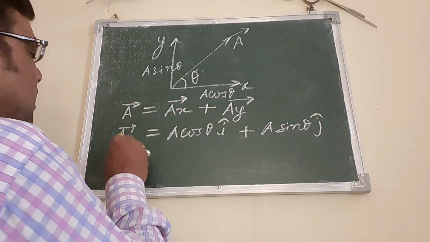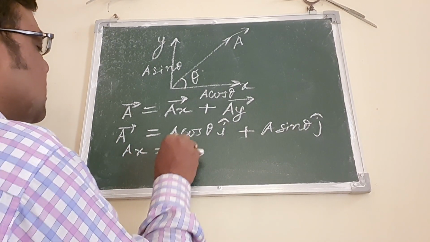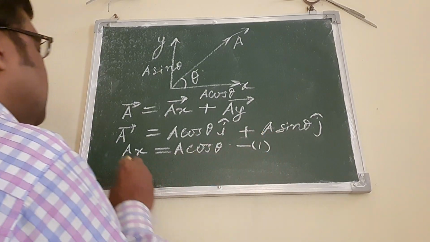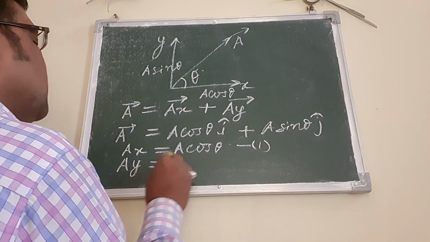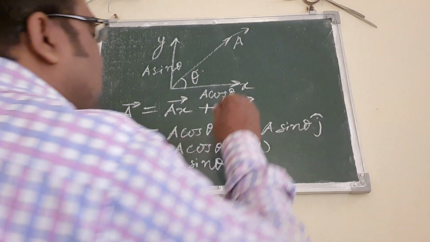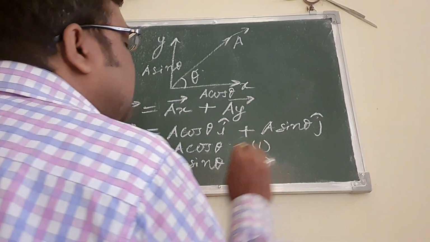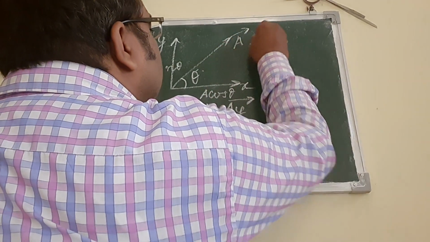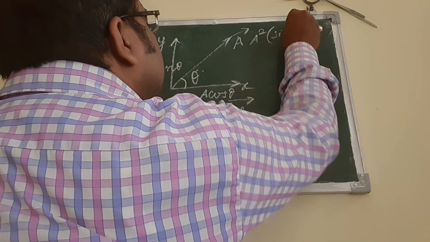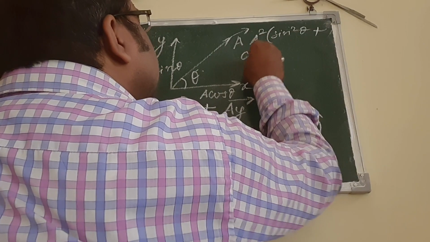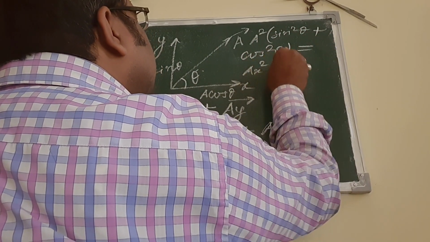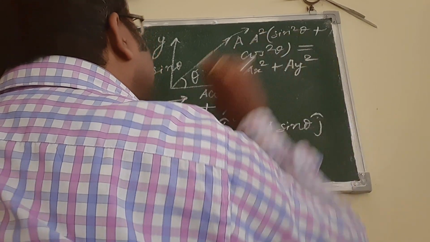So from here, Ax is equal to A cos theta. This is our first equation. Ay is equal to A sin theta. Squaring and adding the first and second, we get A square times sin square theta plus cos square theta equal to Ax square plus Ay square.